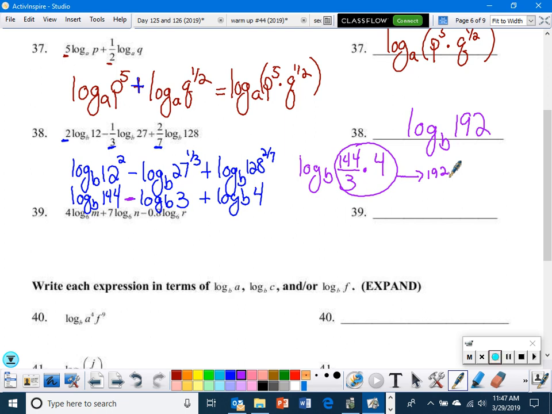Okay, number 39. Again, starting the same way. Now I'm going to do the product property and the quotient property.